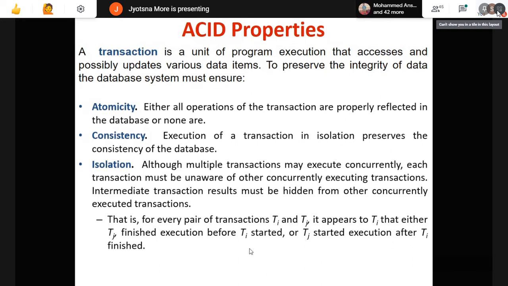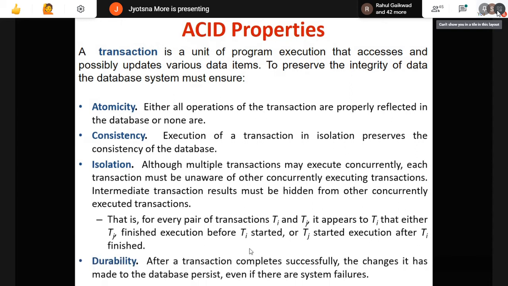Same way for Tj. They should know that the other transaction will start after me, or just now that transaction has finished. In between, you should not notify that transaction. So the isolation has to be satisfied by every transaction. They should not think about the other transaction.